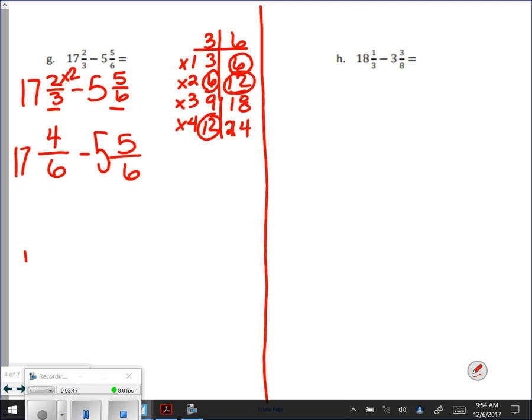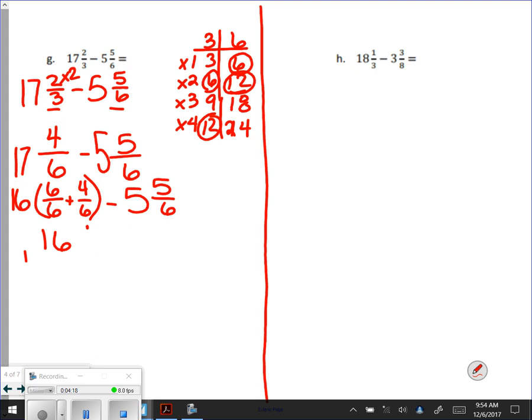The 17 becomes 16. I only borrow one number. So in here, I get 6/6. I borrow one whole, it becomes a fraction, plus the 4/6 that's already there. So 6 plus 4, 10.